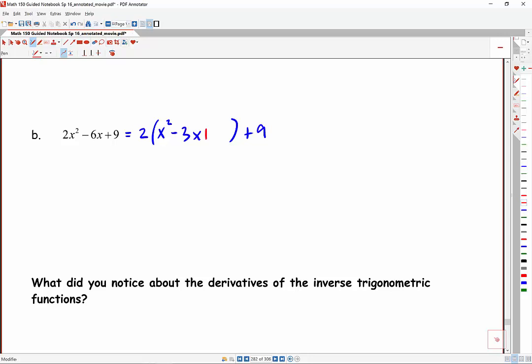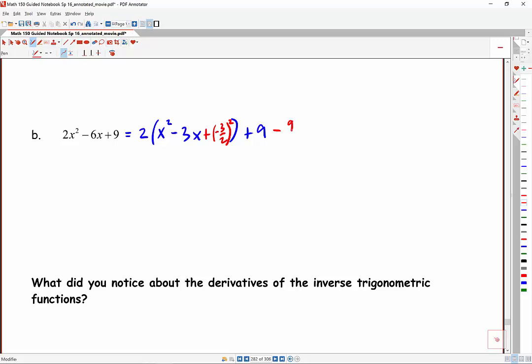Let's see how I adjusted this. When I square that, I get 9/4, and 2 times 9/4 is 9/2. So I've added 9/2, so I have to take away 9/2 to balance it out.